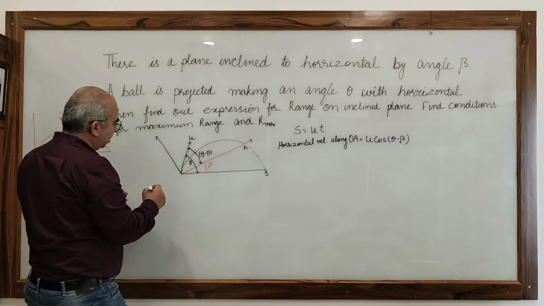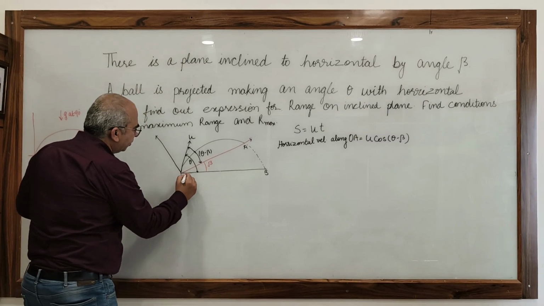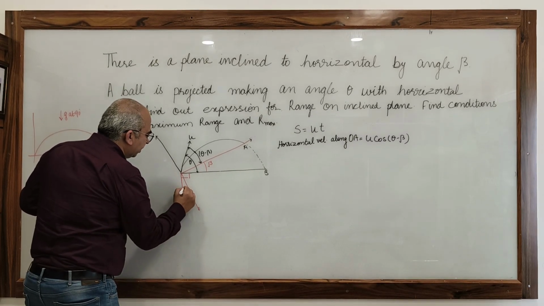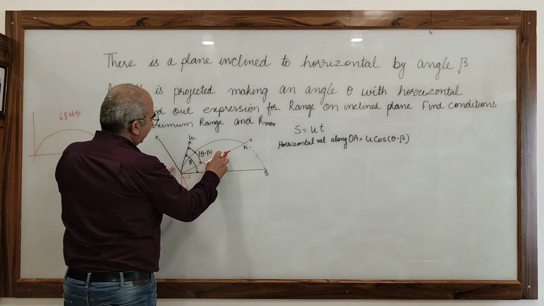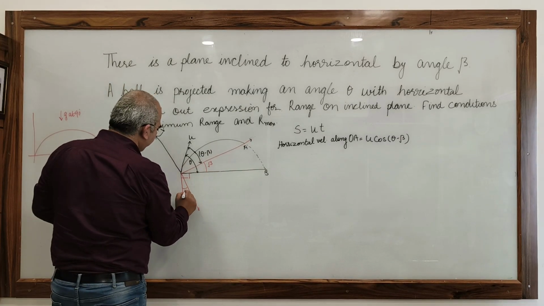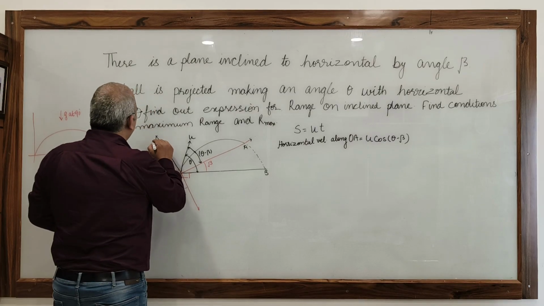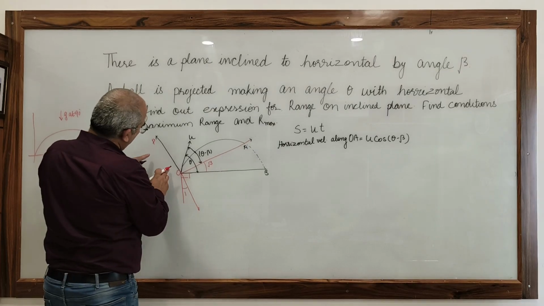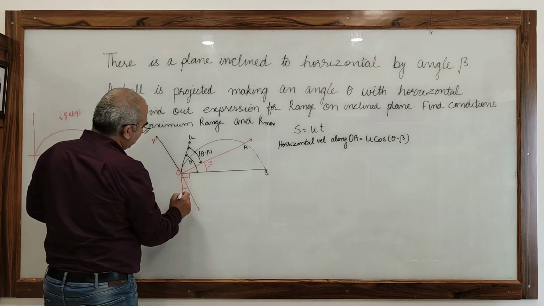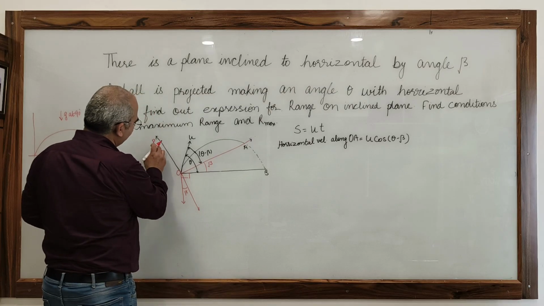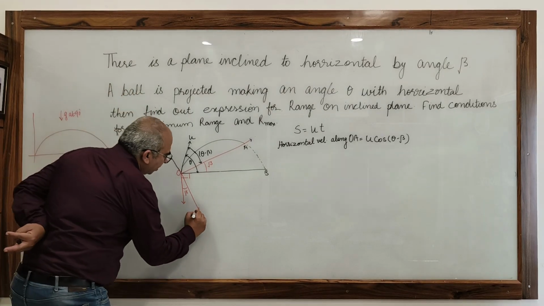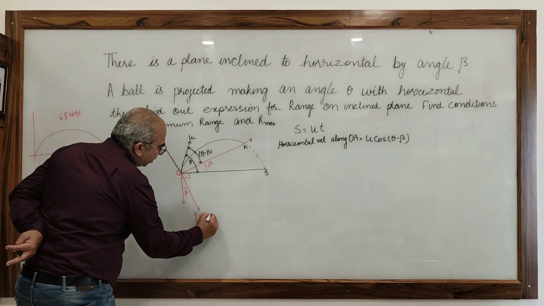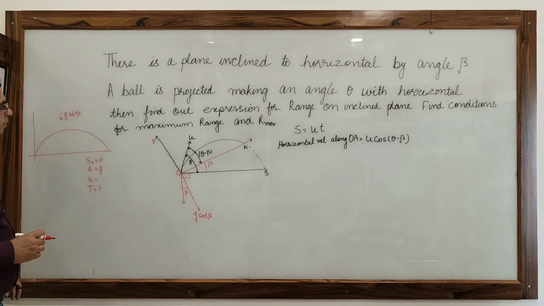So here g is perpendicular to this, and as this plane is making angle beta with the horizontal, the angle between OP and OA is 90 degrees. So the angle between g and OP is beta, and this component of g is going to act on the projectile, or the ball.